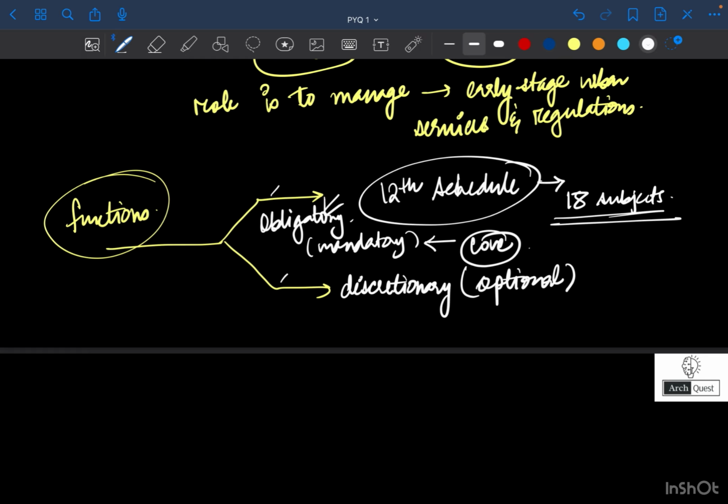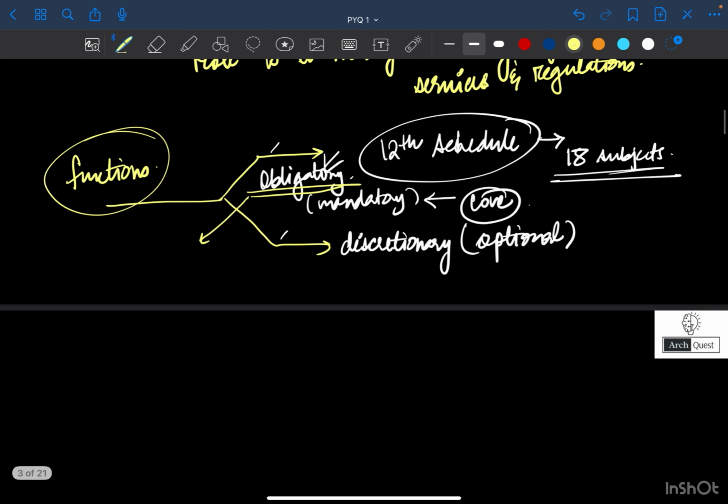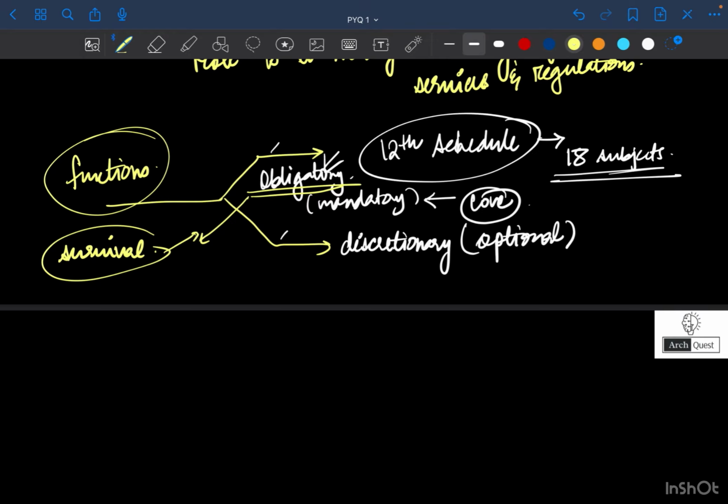In one sentence, obligatory links to survival. The functions which are required to make a city survive, to not let it collapse, are linked to obligatory functions.